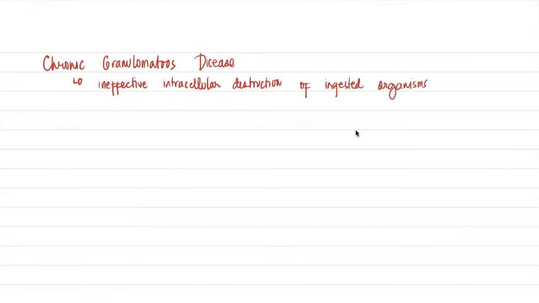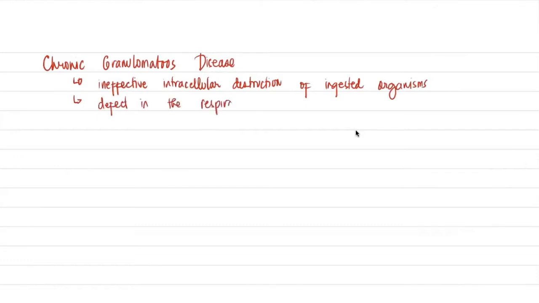Basically, this group of disorders is characterized by ineffective intracellular destruction of ingested organisms. And that is because of a defect in the respiratory burst.